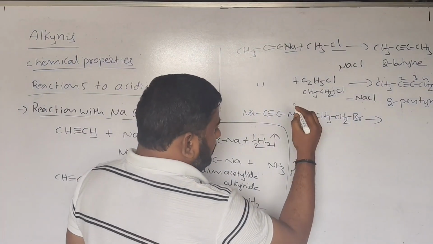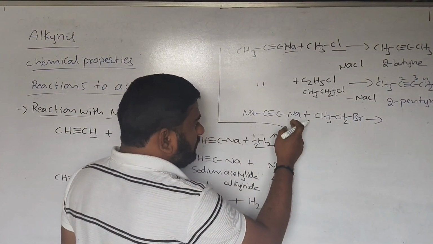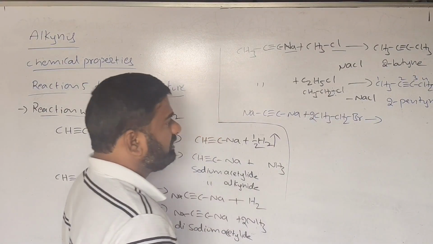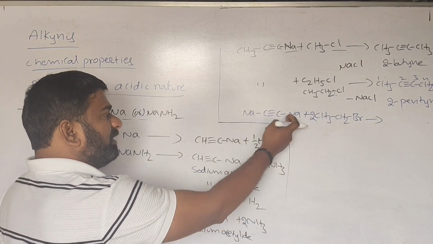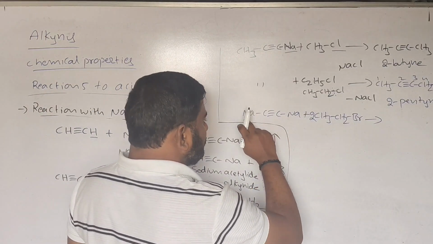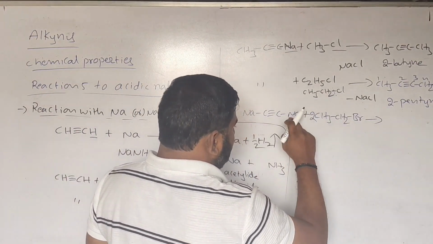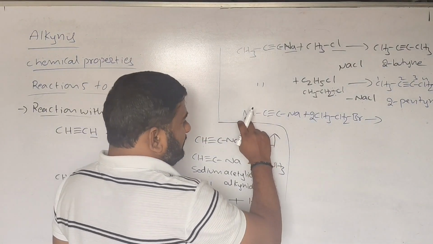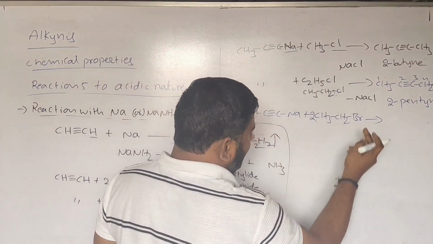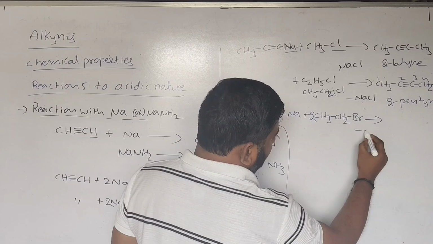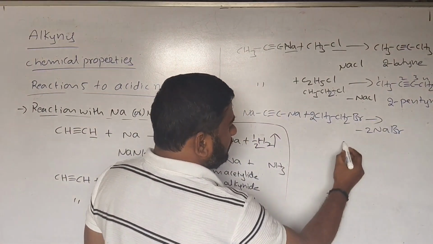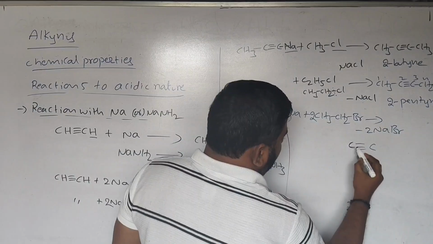If you take 1 mole, only one side will be replaced. If they didn't give the number of moles, you have to consider 2. Here 2 sodium atoms are there, so on 2 sides these 2 Na atoms are replaced by these alkyl groups. So these 2 Na and these 2 Br atoms will be removed as 2 moles of NaBr.